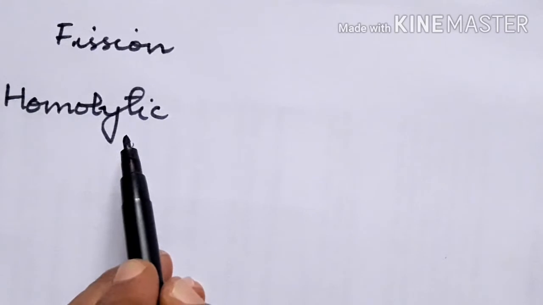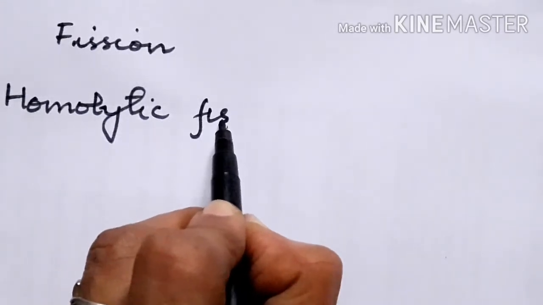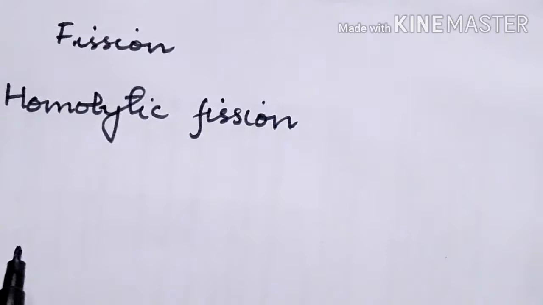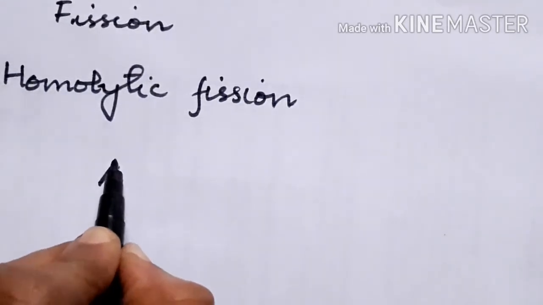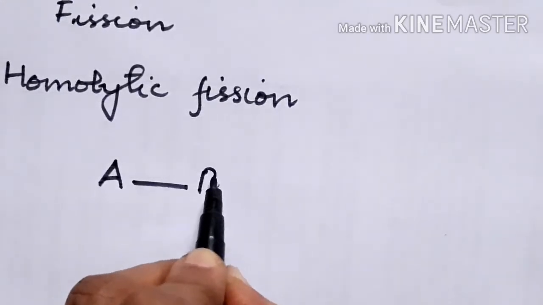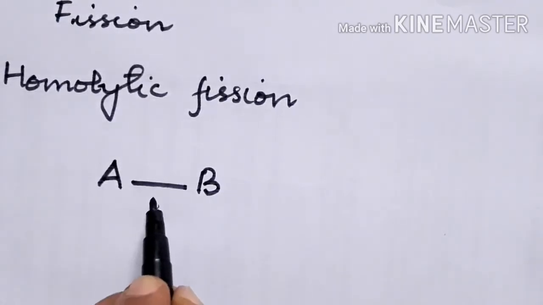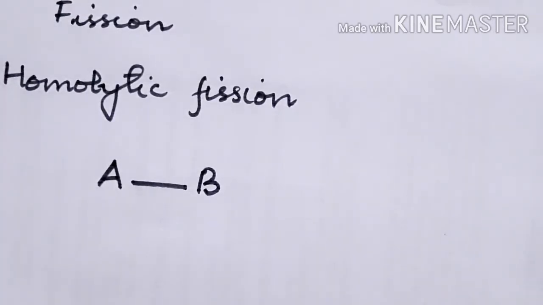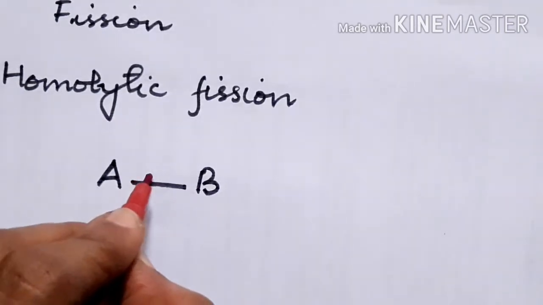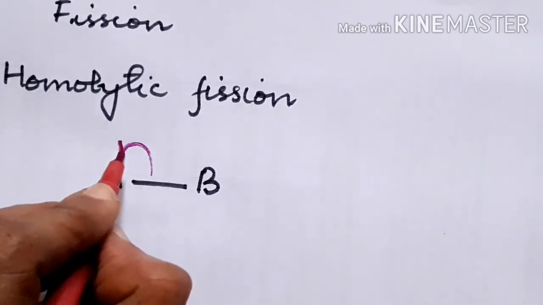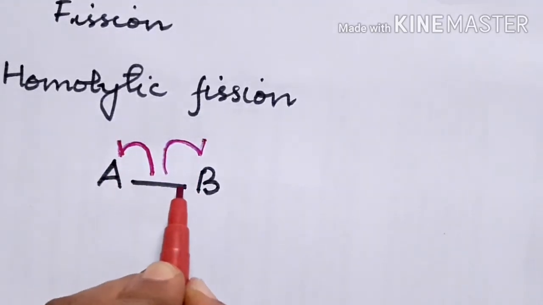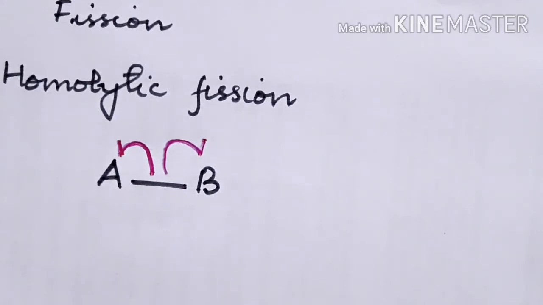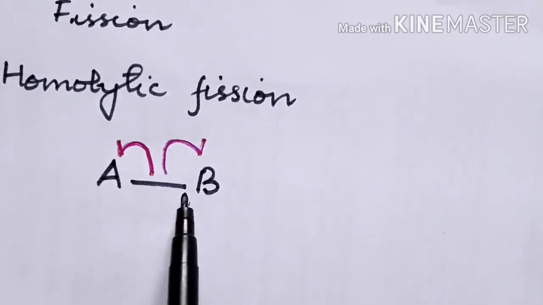First type of fission is called homolytic fission, where suppose you are taking a molecule AB with a bond in between. So AB is separated by a single covalent bond. If homolytic fission occurs, breakage will happen to form two equal halves. A single covalent bond is formed by the sharing of a pair of electrons.